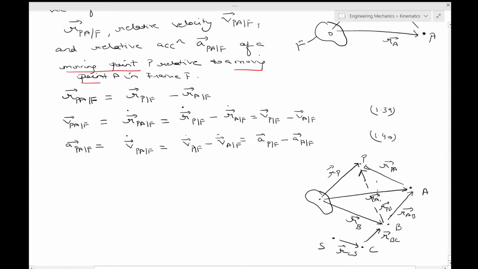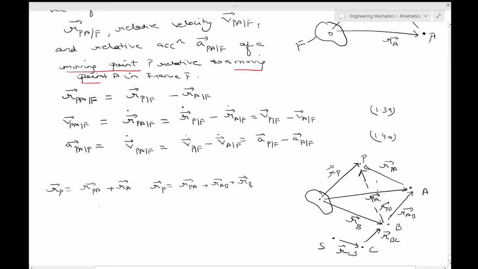So let's see. Straightforward, as you can see, RP will be equal to RPA plus RA. Then you can have RP is equal to RPA plus RAB plus RB. Okay, you can just use the suitable vector triangles and you will find all of this.